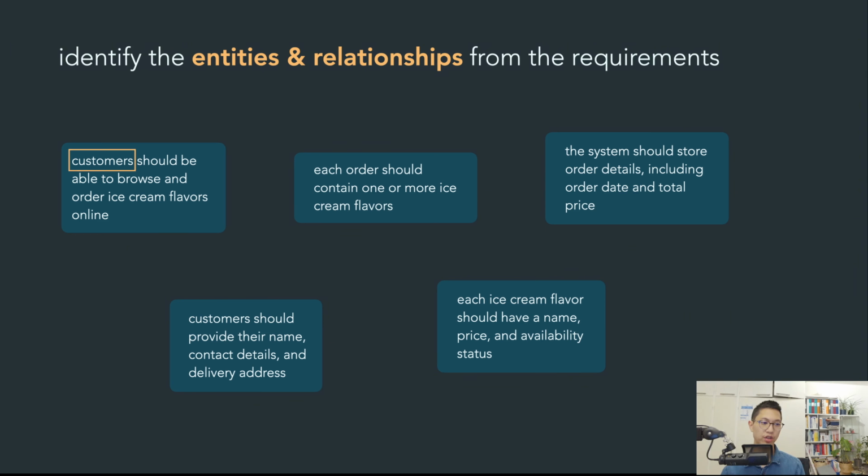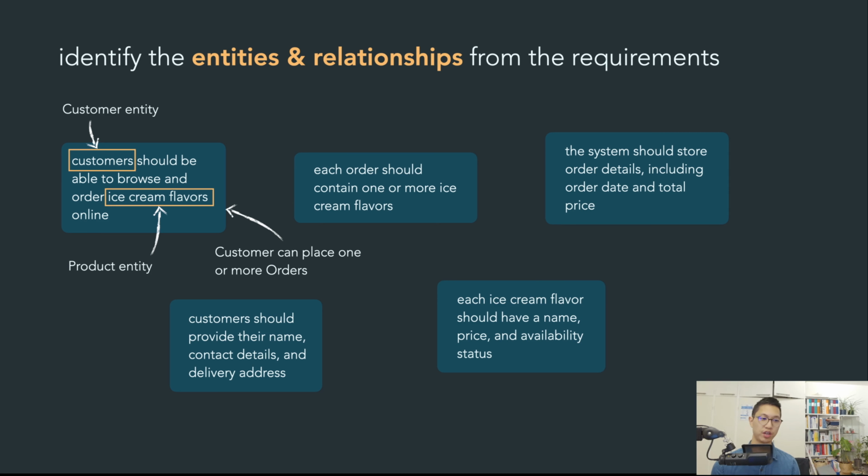So here, customer is an entity. Note that we use singular, not plural, for the entities. And ice cream flavors, this is a product entity. So we have several ice cream flavors in the products.